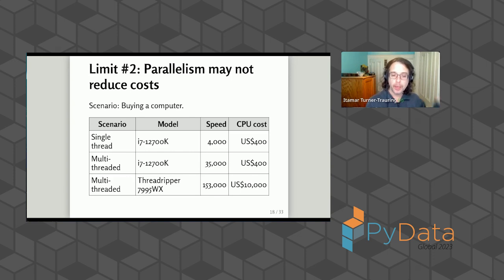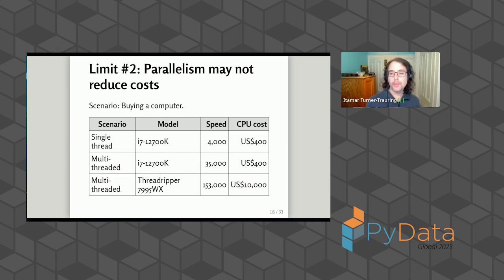And this is when things start getting a little more expensive, because you'll notice that this other CPU, the fastest multi-core CPU in this particular database, you can buy it, but it costs $10,000 just for the CPU. All the RAM and whatnot will cost you a lot more. And you'll get a 5 times speed up. But the jump in price from $400 to $10,000 is not 5 times as much. It's 25 times as much.